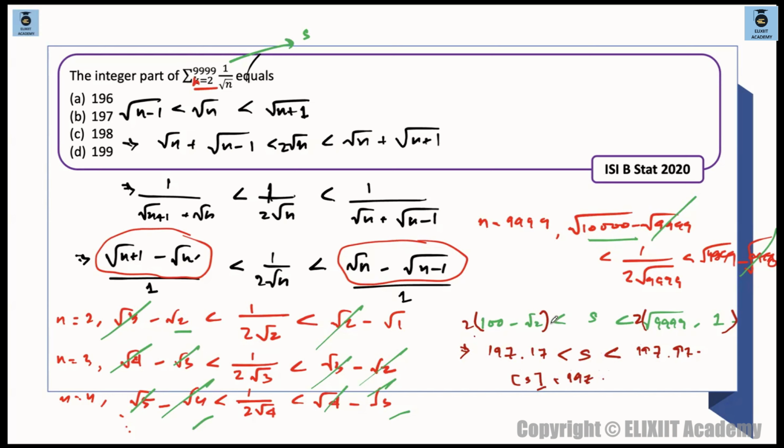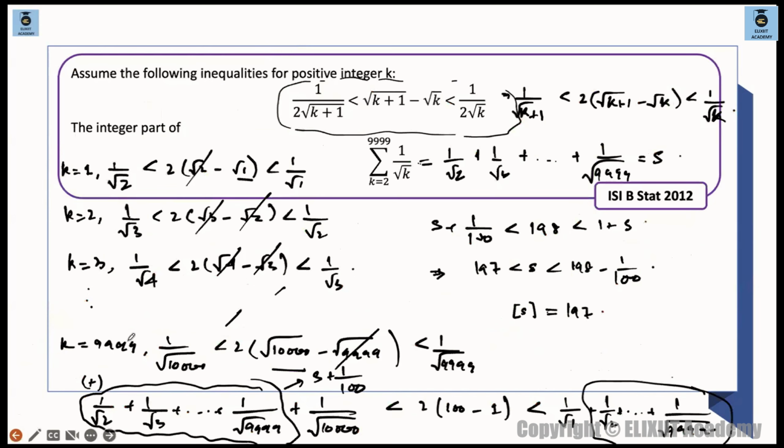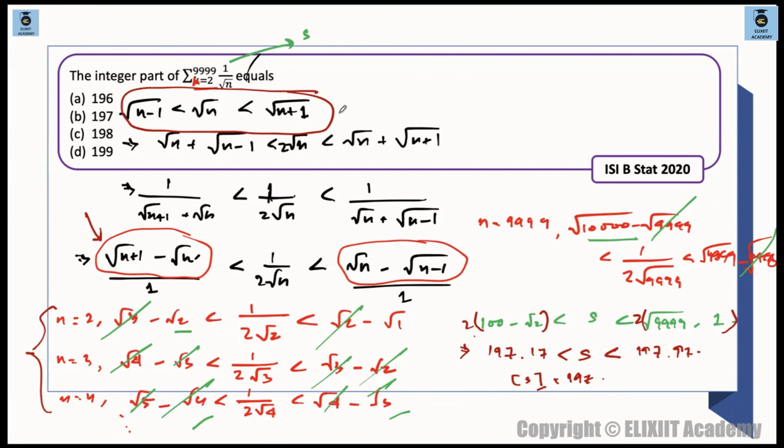Here we are generating this inequality using this simple basic inequality, and we are using a telescoping series over here. The main thing is this inequality. Either you memorize this inequality, which they have already given in ISI 2012, or you can simply use this basic inequality to solve this question and you will end up getting the same answer.